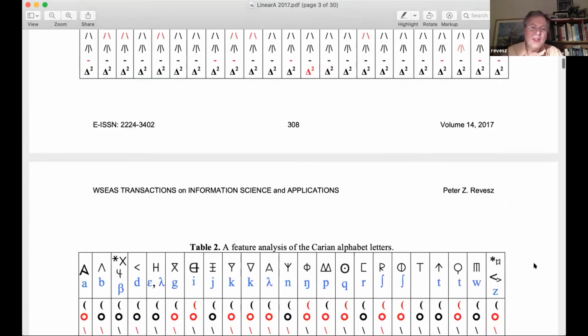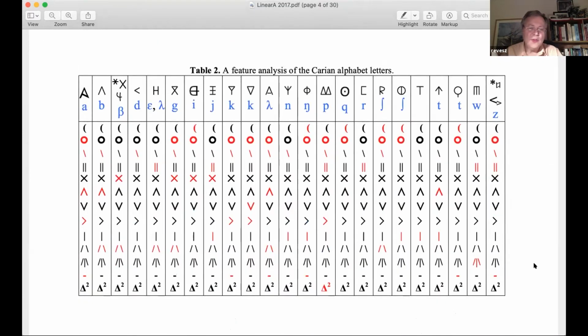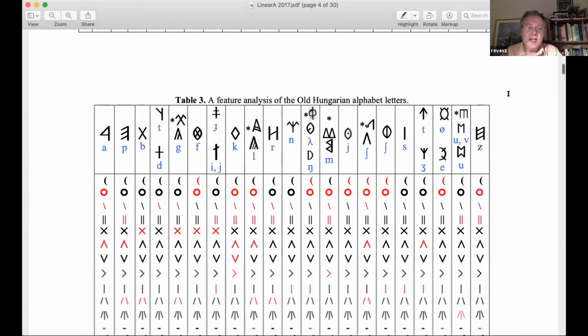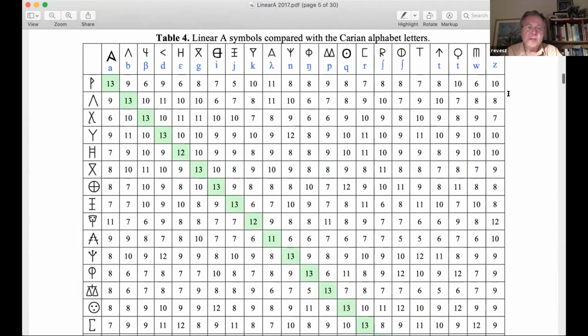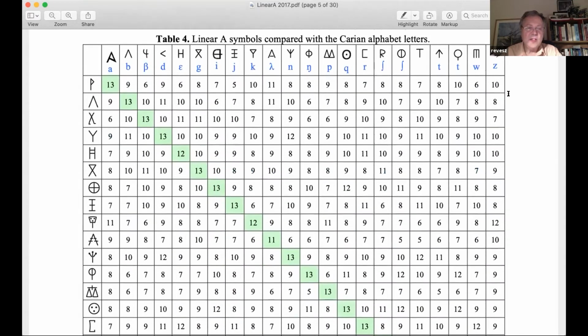So there's a little gap, but not too many centuries. And here we have a set of symbols again. I analyzed the same features, and I could put these two into a table like this. Do you see this matrix actually?